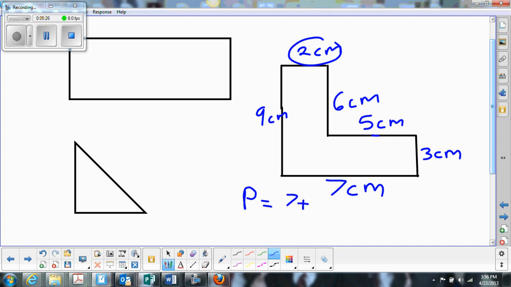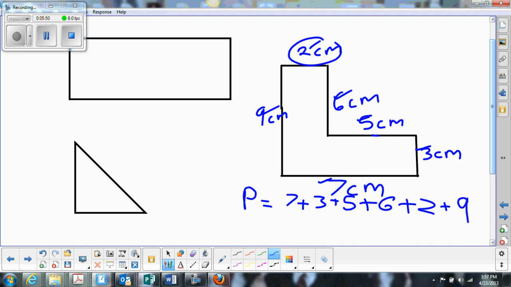7 plus, and when I put a number down, I check it off so I don't do it twice, plus 3, plus 5, plus 6, plus 2, plus 9.